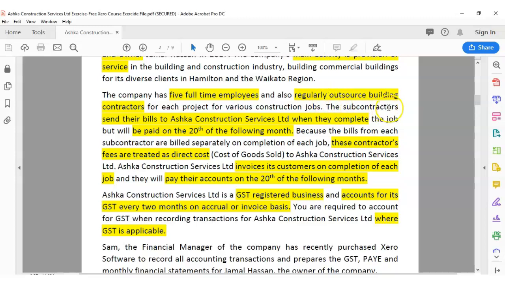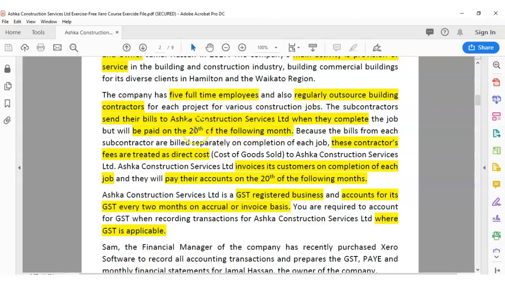The subcontractors send their bills to Ashka Construction Services Limited when they complete the job, but they will be paid on the 20th of the following month. So here it tells us that the subcontractor will send their bills to the company on the completion of each job or project, but they will be paid on the 20th of the following month.